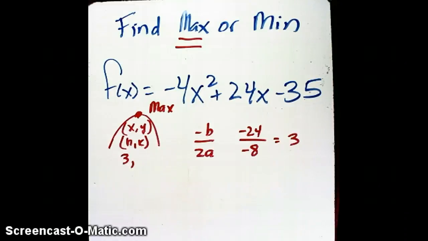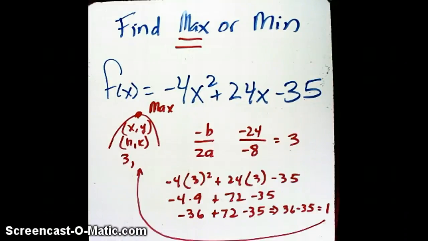You have to find the y. So let's do that. Okay, I worked that out, and of course I plugged it in, and then I multiplied it out here. 72 minus 36 is 36. 36 minus 35 is 1. So that tells us that the maximum value of the function is 1 and occurs at x equals 3.